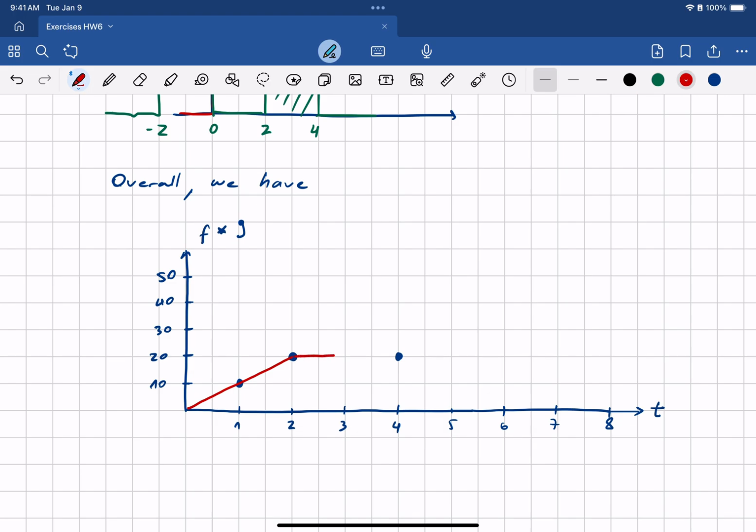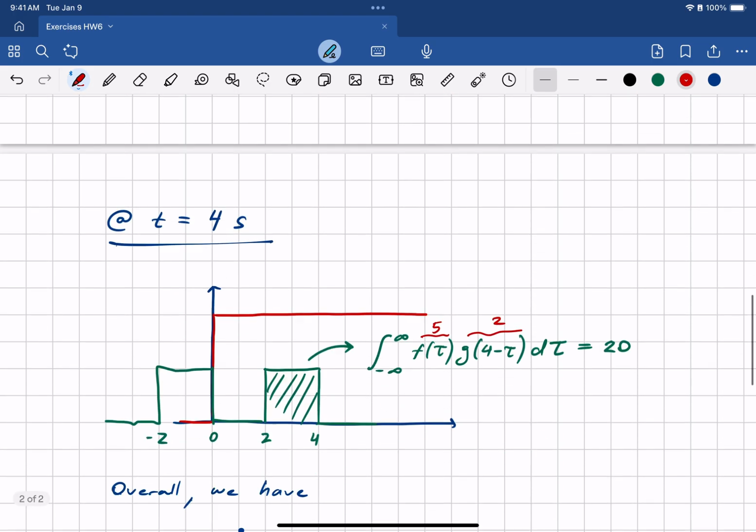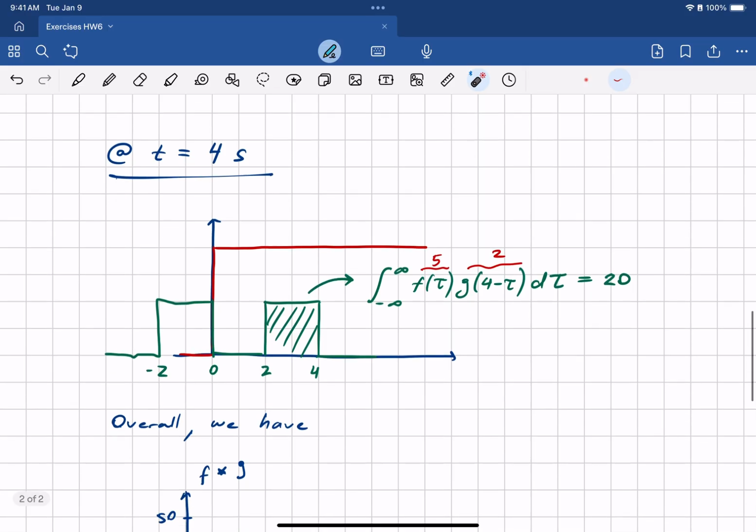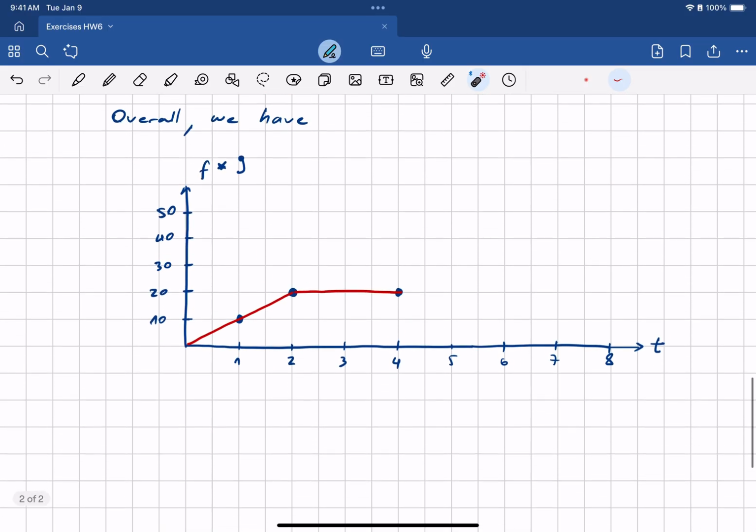So we know that the behavior is going to be something like this, right? Then it's going to be constant. From 2 to 4, we're not adding anything to the convolution. But later on, for t equals 5, we're going to be adding this piece here because the g function moved.